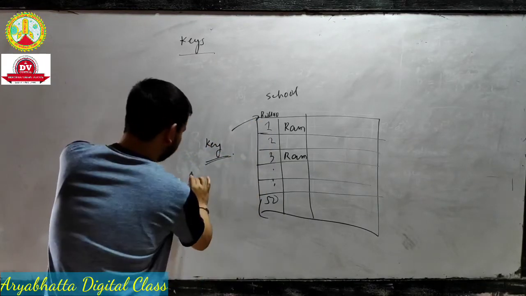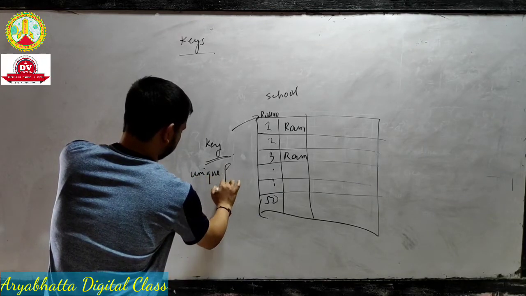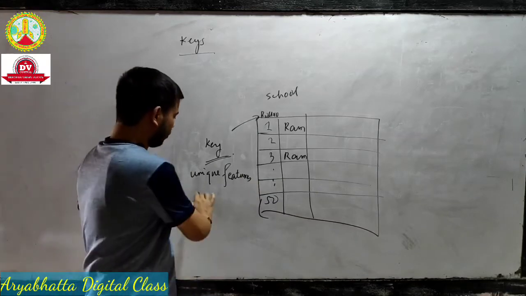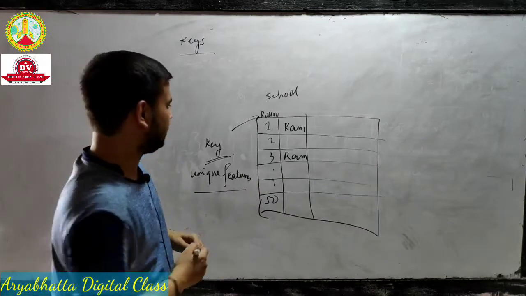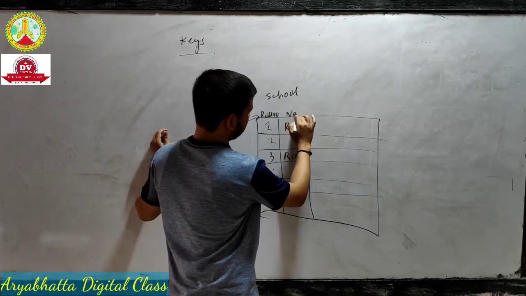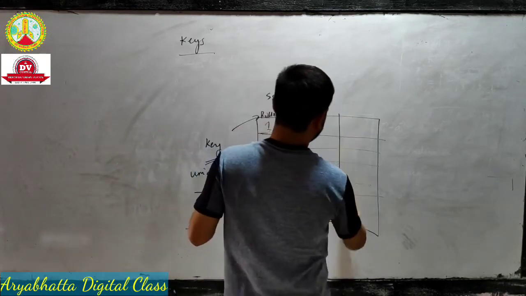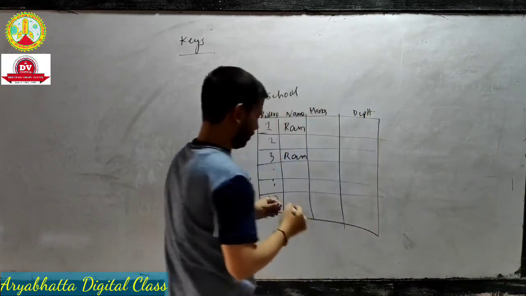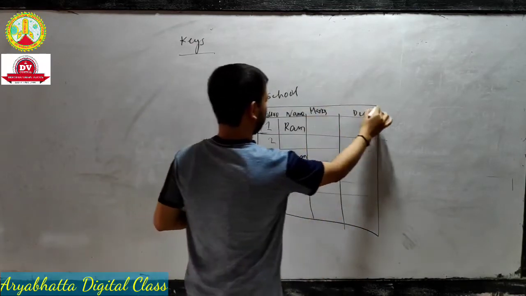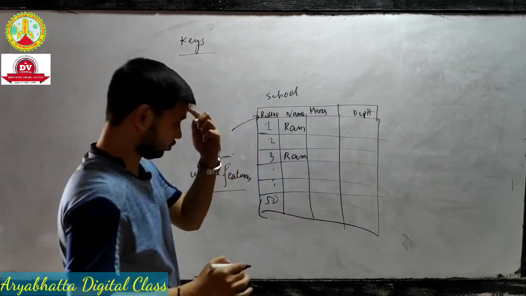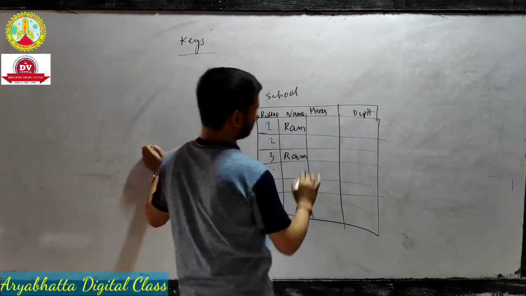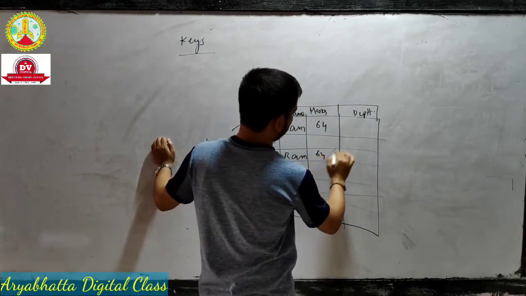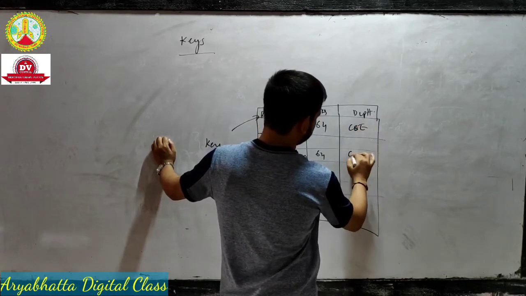A key is a unique feature from which we can access the whole table. In this table we have roll number, name, marks, and department: 4 attributes, 4 columns. Suppose two students have exactly the same name and marks, like Ram 64, department CSC.